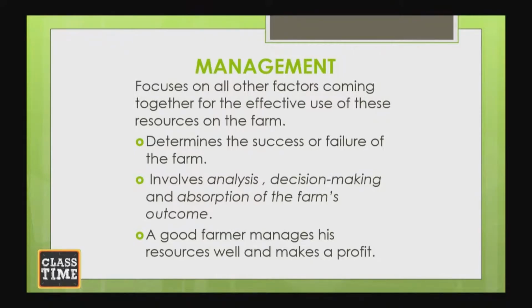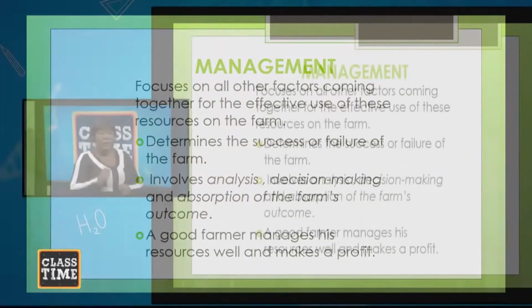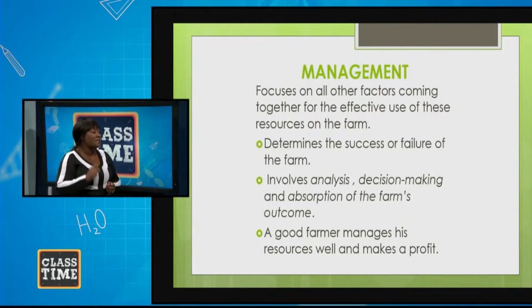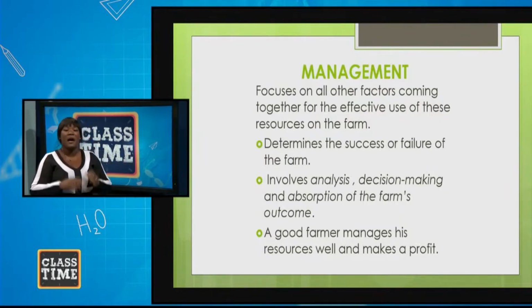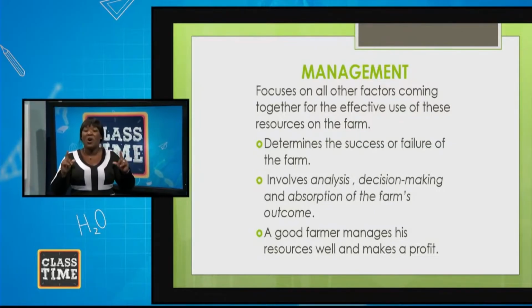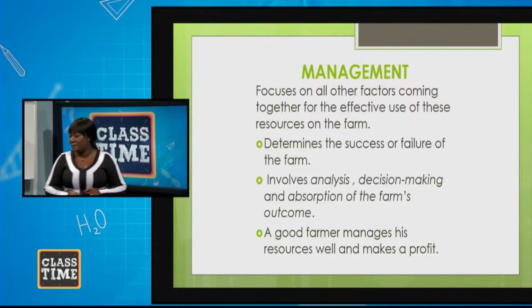Once we do that, it's considered management or enterprise. Now this gives rise to whether your business will fail or make a profit. So it involves analyzing, decision making, budgeting, and absorption of the farm's outcome. Next, a good farmer manages his resources well and makes a profit. Simple. If you're a great farmer, the end result is always profit.